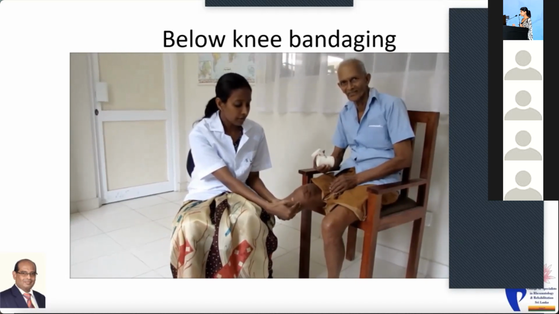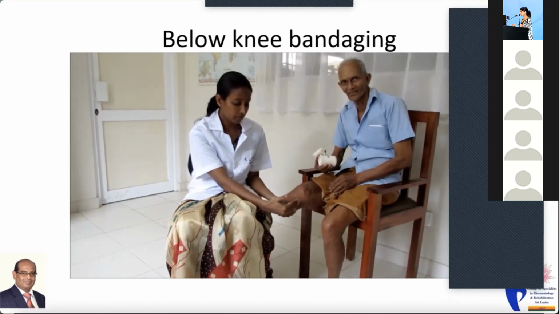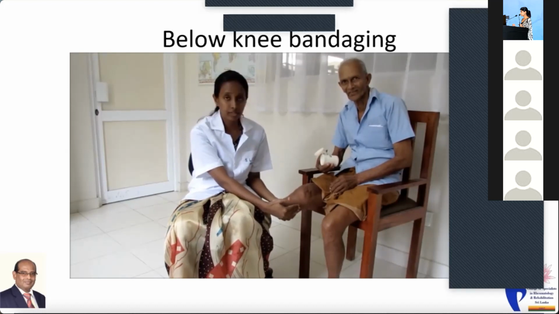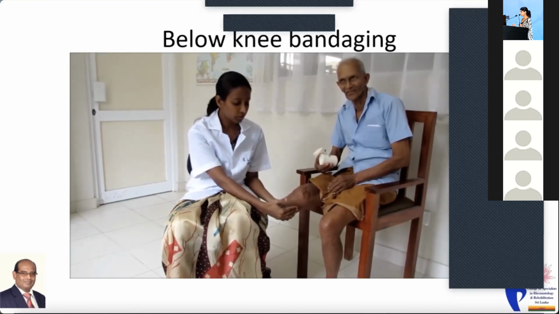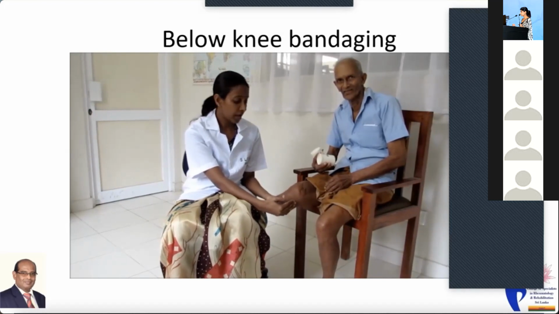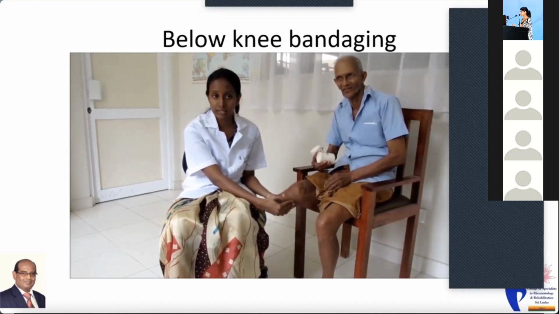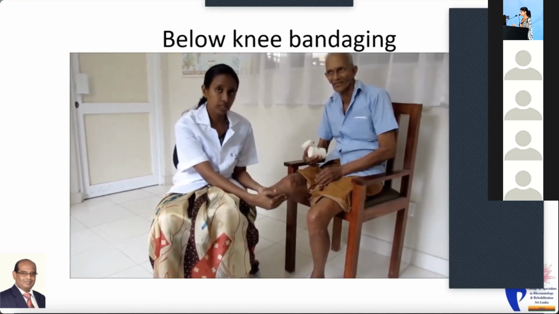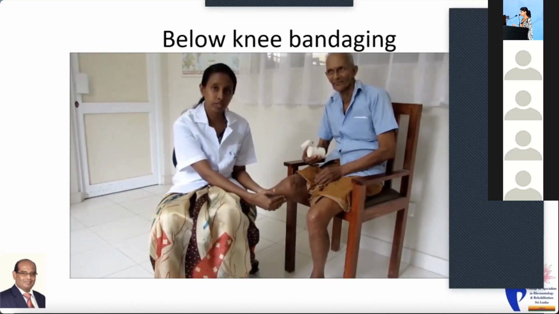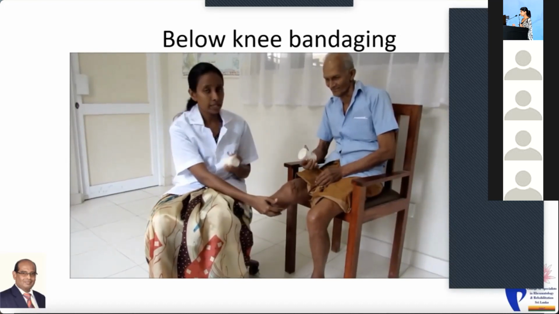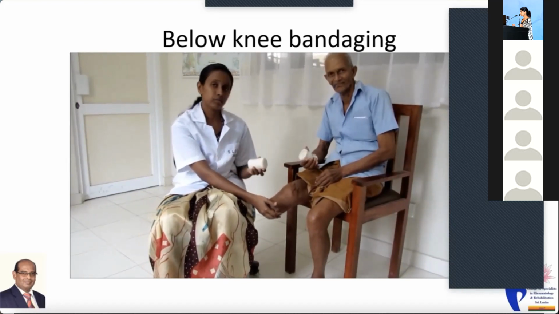When we exert wrong force on the stump, we disturb the vascular system, which in turn affects wound healing and causes blisters or ulcers, and it will also mismatch the shape of the stump you need for the prosthetic fitting. So keeping those in mind, let's move on to the bandaging.